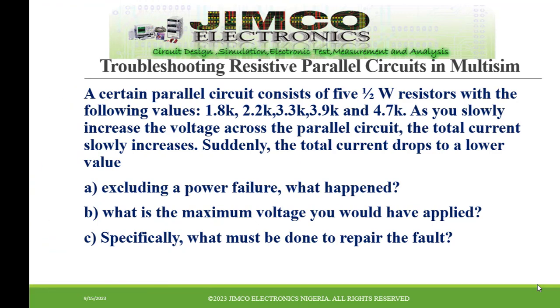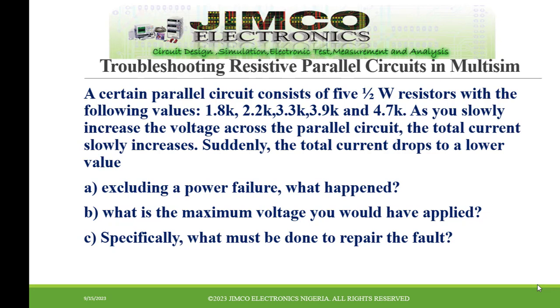You can see the question. A certain parallel circuit consists of 5 half-watt resistors with the following values: 1.8, 2.2, 3.3, 3.9, and 4.7. As you slowly increase the voltage across the parallel circuit, the total current slowly increases. Suddenly, the total current drops to a lower value.